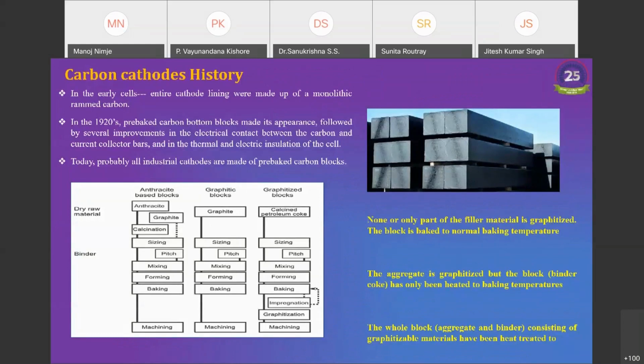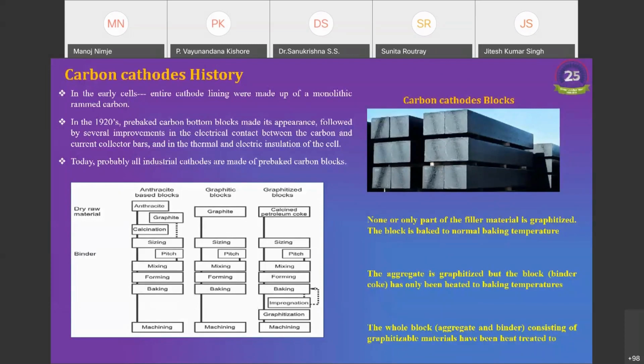Before 1922, in early cells, the entire cathode lining was made from monolithic gas carbon. But after 1920, pre-baked carbon blocks made an appearance, followed by several improvements in electrical contacts between the carbon cathode and current collector bars.